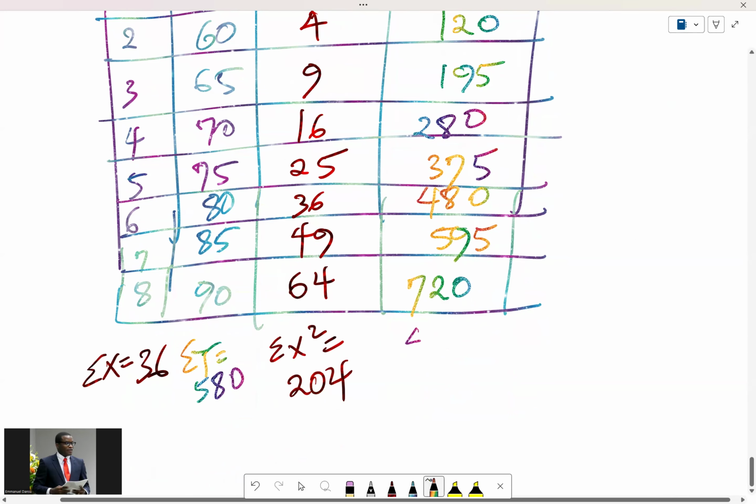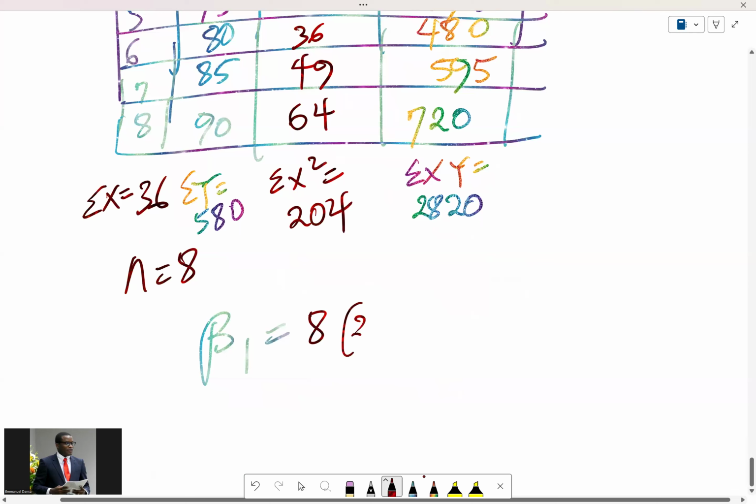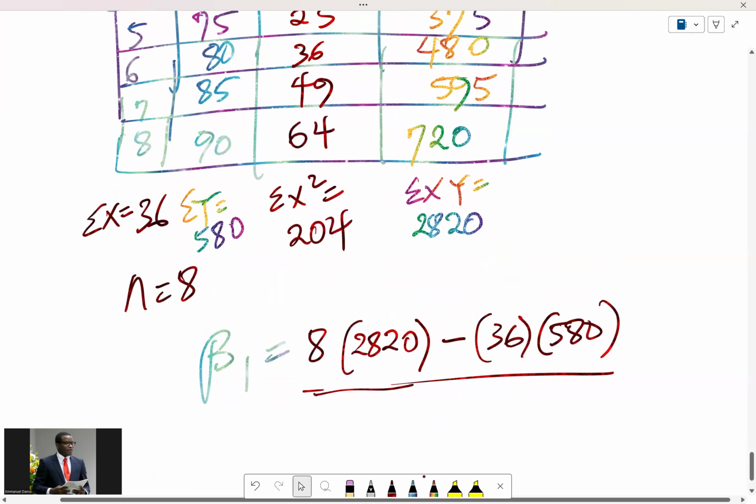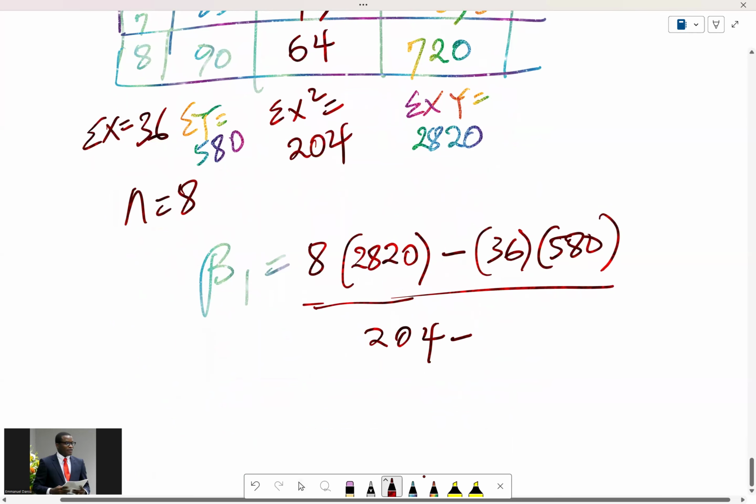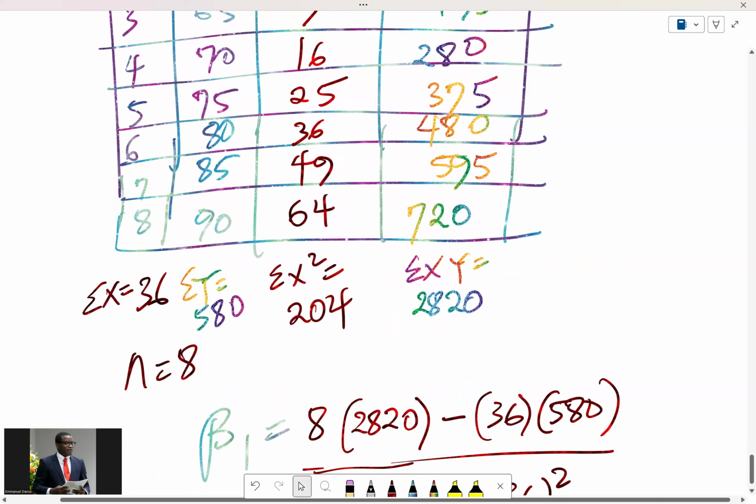B1 is 8 times summation xy, that is 2820, minus summation x, that is 36, times summation y, that's 580, divided by 8 times summation x squared, which is 204, minus summation x all squared, that is 36 squared.